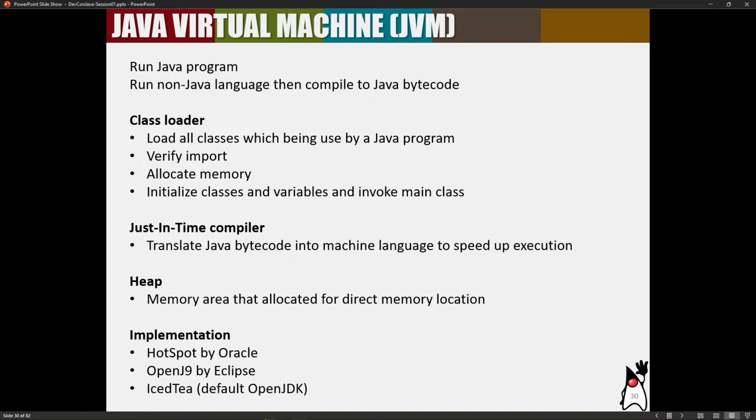And then the heap. This is the reserved memory that you ask the JVM to allocate, for the variables that you use, short-lived and long-lived variables. Everything will be stored in the heap.